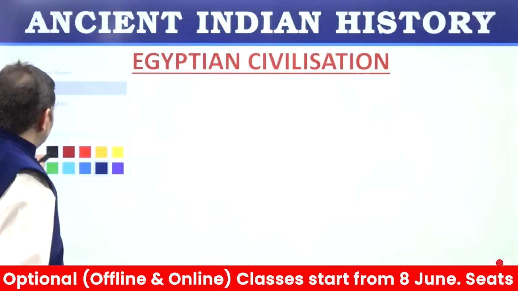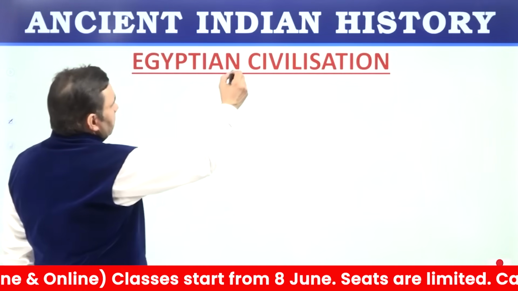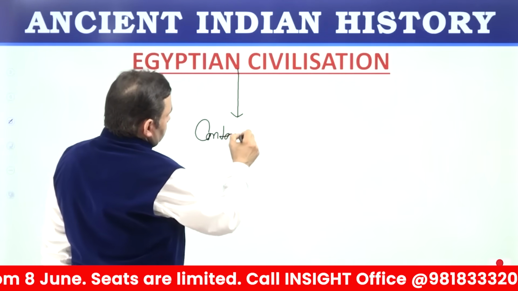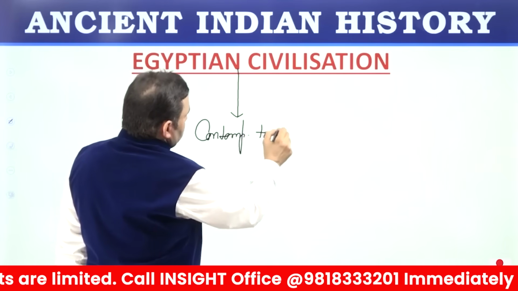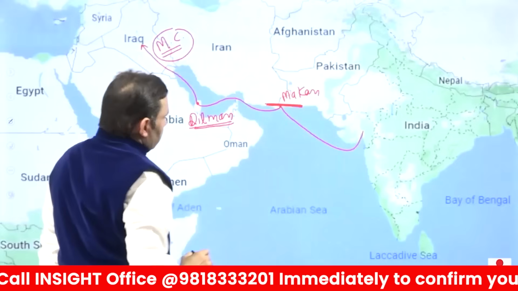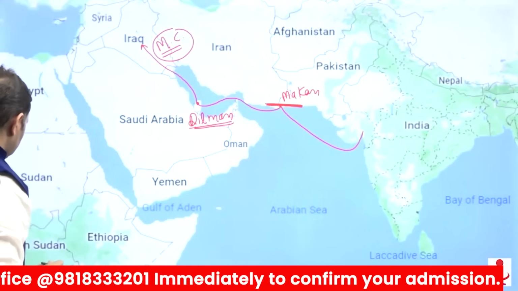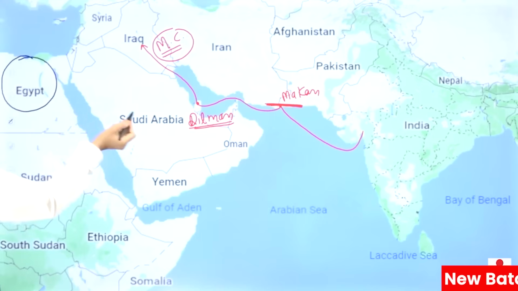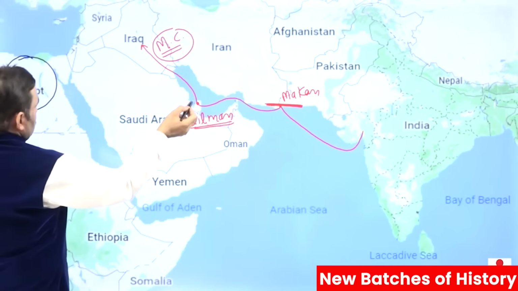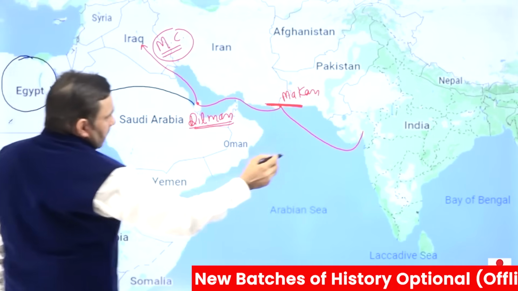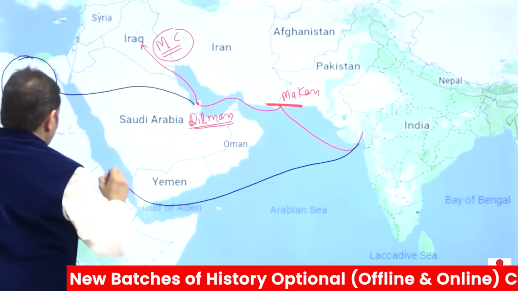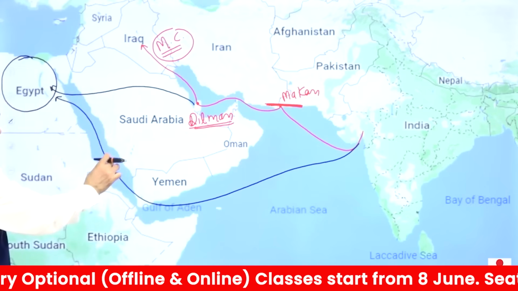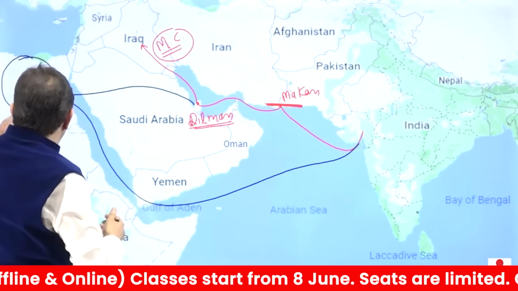There was another civilization in that age, in Egypt, and this civilization was also contemporary to Harappan civilization. So Egypt, if you can see here, North Africa here, this is Egypt. Harappans used to go to Egypt also through this route, as well as through this route here, think of this as Red Sea, Arabian Sea.